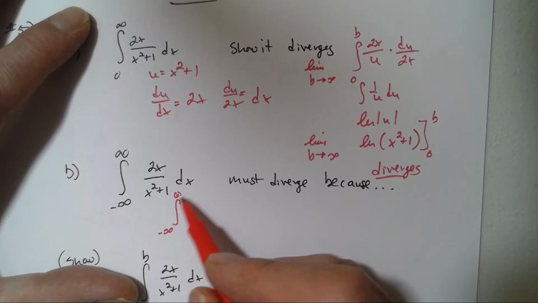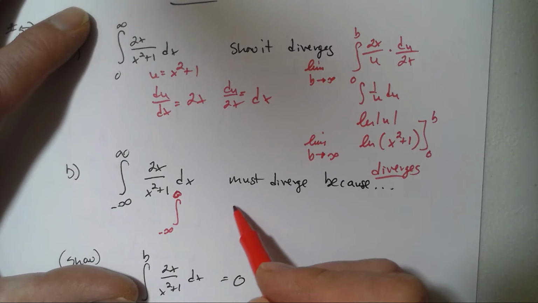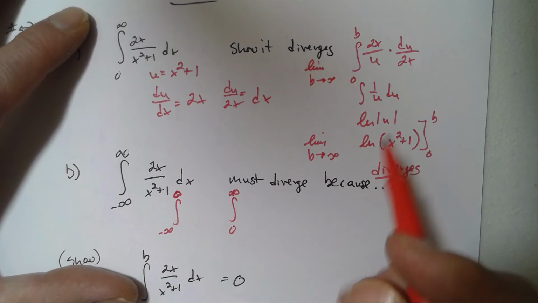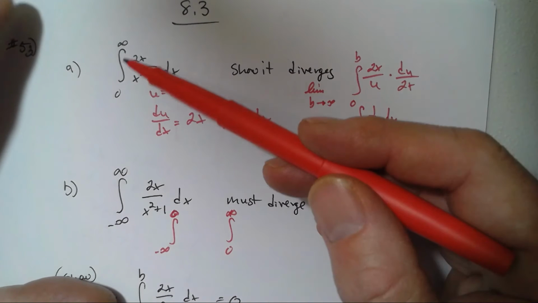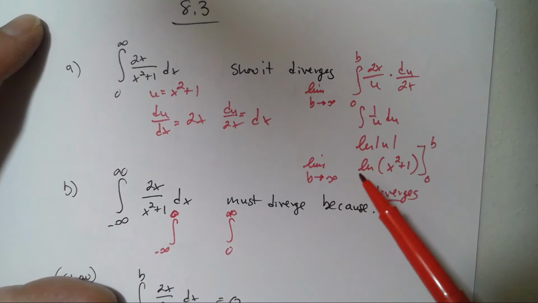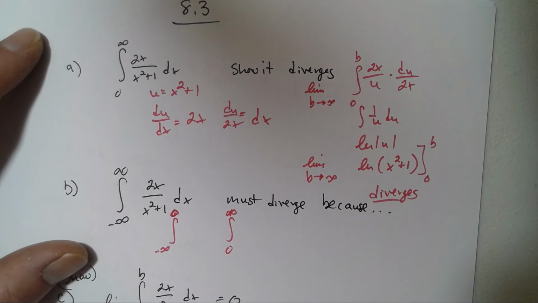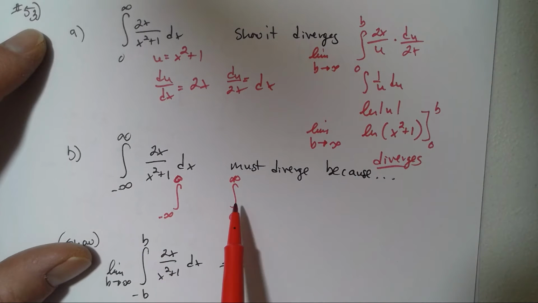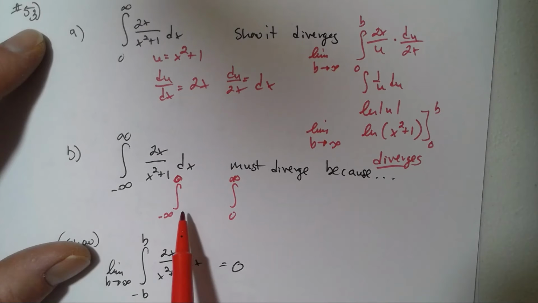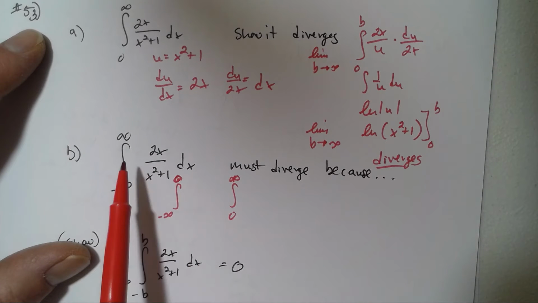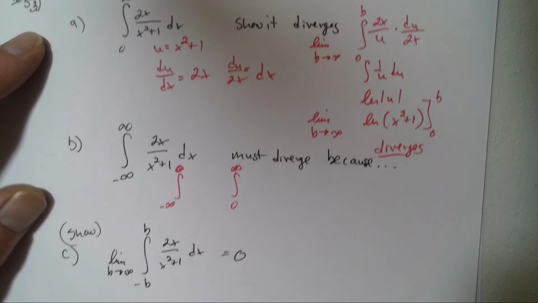So this one would have to converge, and then this one would have to converge. And we already know that from 0 to infinity diverges, so then this integral must diverge. They both have to produce a finite number in order for this to converge.